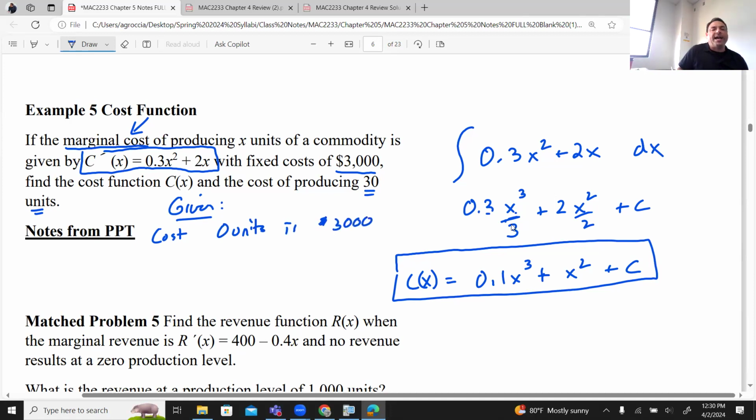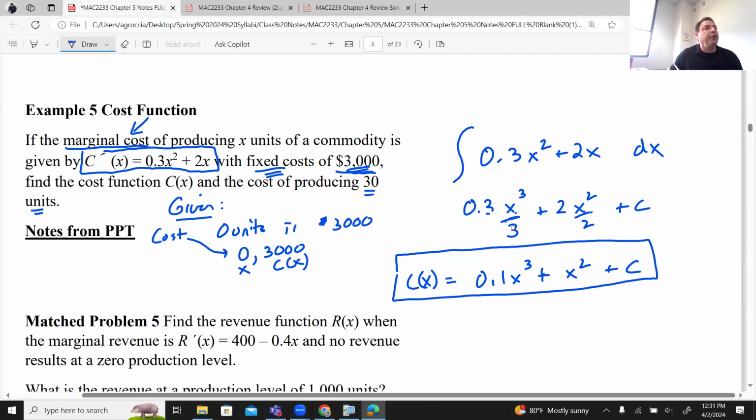And you're like, where did it say that? Fixed cost, $3,000. Fixed cost means when you have 0 units, your cost is still $3,000. Not marginal cost, cost. So they actually gave you x and they gave you cost.